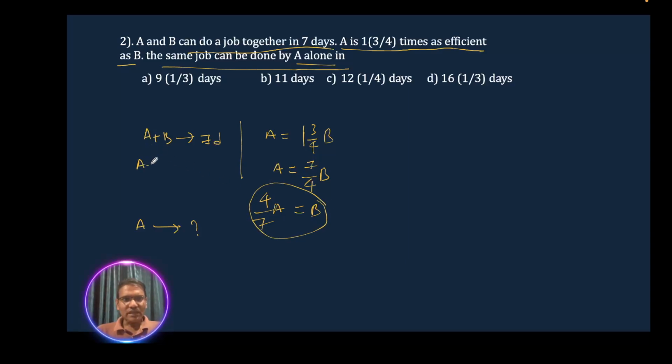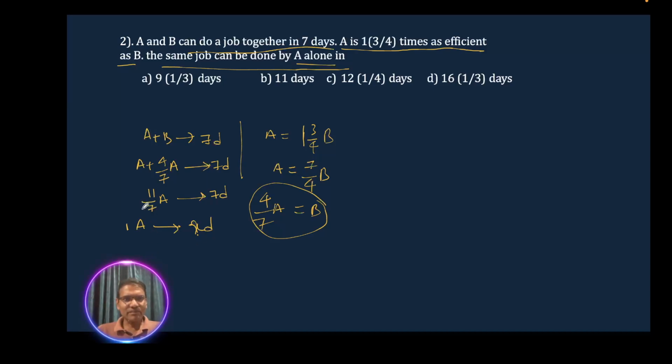So A and B is given as 4 by 7 times of A. So the total is 7 days, right? Now simplify. This is 7 into 1 plus 4, so 11 by 7 times of A can do the job in 7 days. We need one time of A can be done in how many days? Some X days I am going to consider.